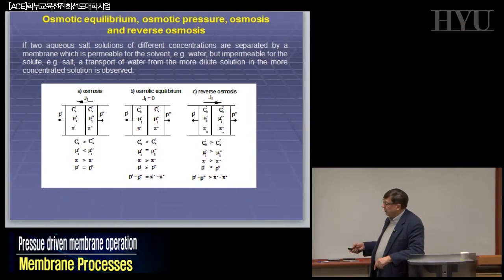And we're doing this assuming that there is no difference in hydrostatic pressure between the two solutions. What is happening is that we have a difference in the osmotic pressure between the two solutions. And that's what we call osmotic equilibrium. And the flux will be from the diluted to the concentrated, basically.